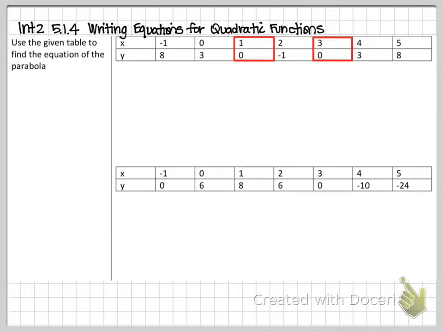So I'm going to try to build backwards on this. If I have an x-intercept at 1 comma 0, then that means I have x equals 1. This is called a root or a 0. But I think I can also write this as a factor. Now to do that, I want it equal to 0.